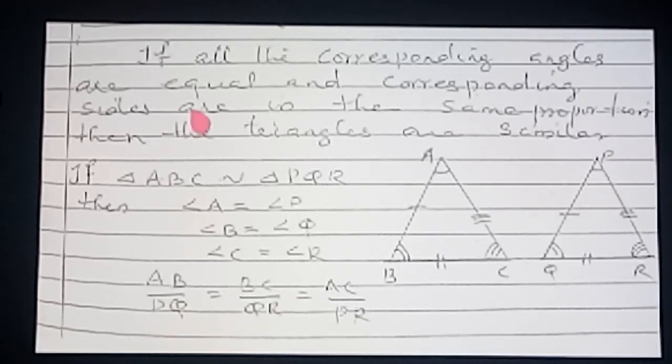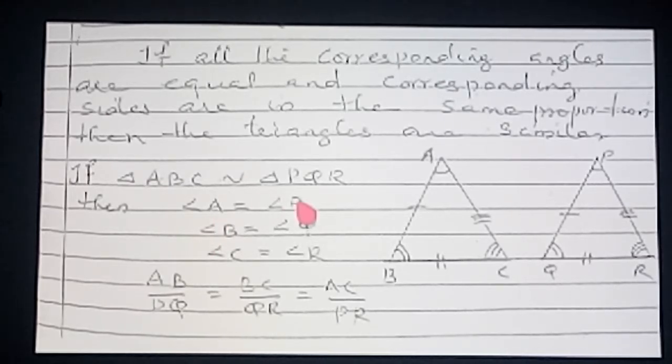Once more, repeat. When can we say two triangles are similar? If two triangles are similar, then all their corresponding angles are equal and the corresponding sides are in the same proportion. Clear? So listen to the conditions.